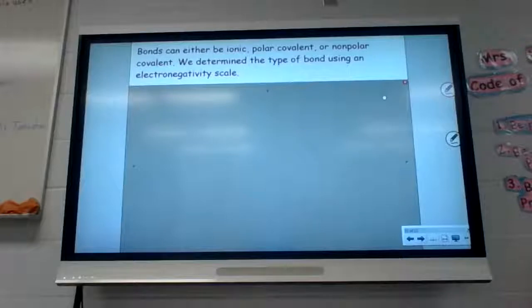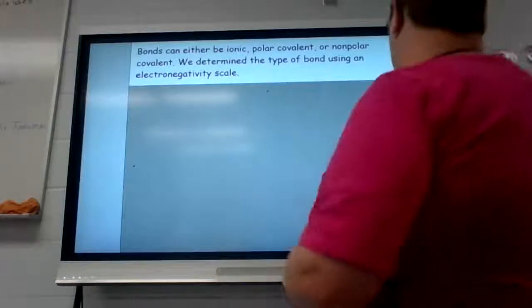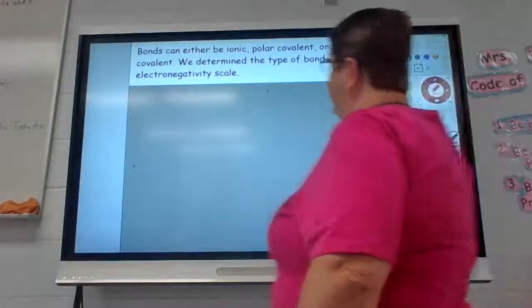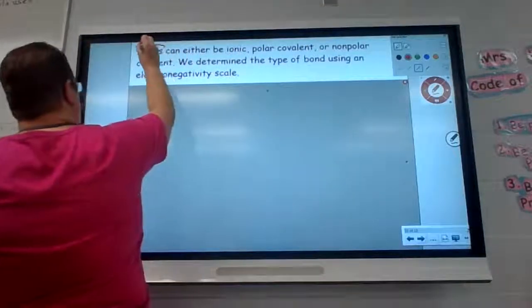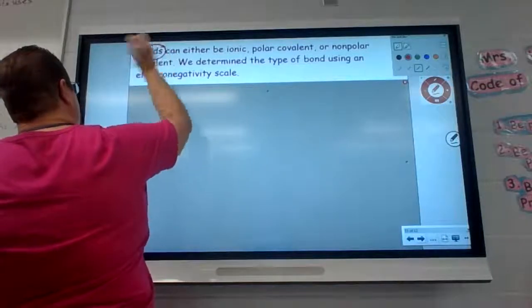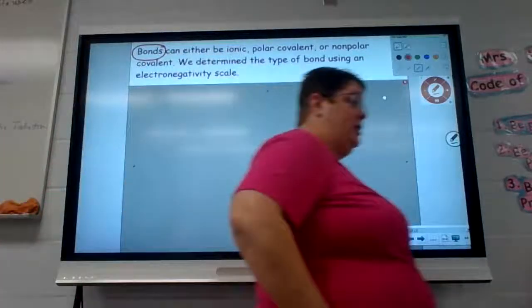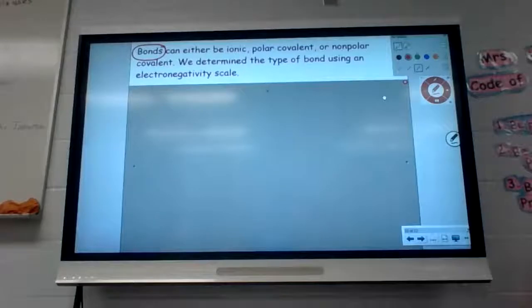Bonds can either be ionic, polar covalent, or non-polar covalent. So this trips people up on the test. You have to pay attention to what they're asking for in the question. If it says bonds, what bond type?